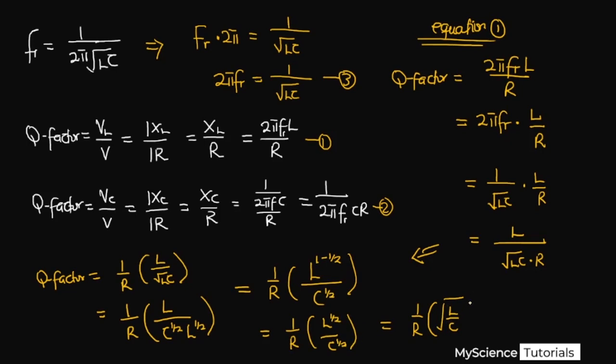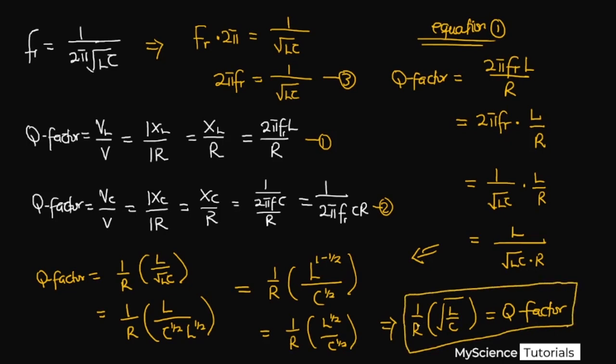So at the end, we are saying that our Q factor can be given to us mathematically as 1 over R multiplied by the root of L on C. So this is the formula for our Q factor.